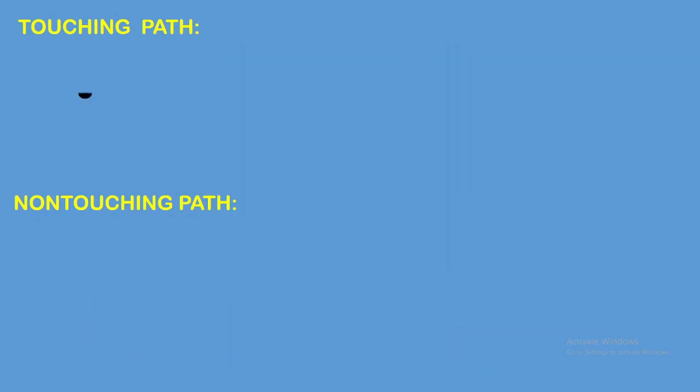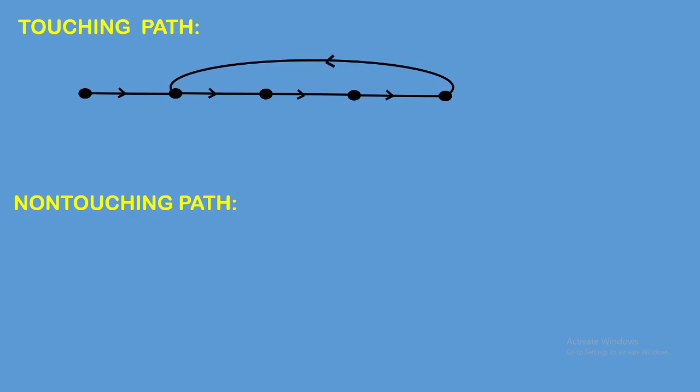Let us see the meaning of the touching path. Touching path means whenever you travel according to the direction, let us consider this as the forward path. You are traveling in this direction, from input node to output node.